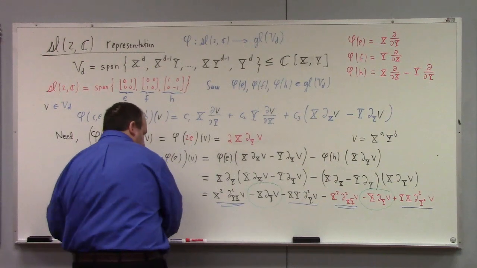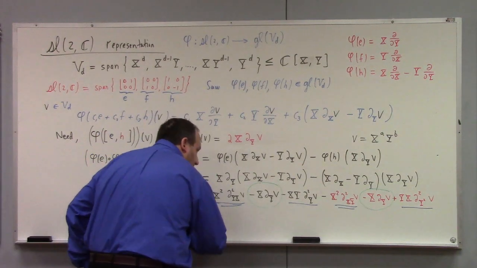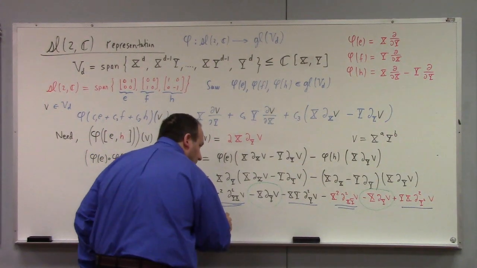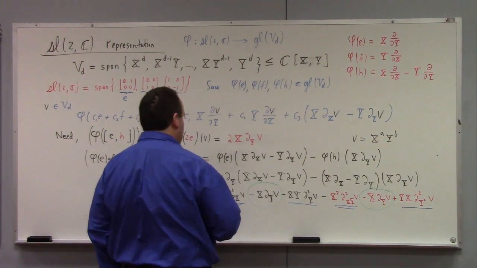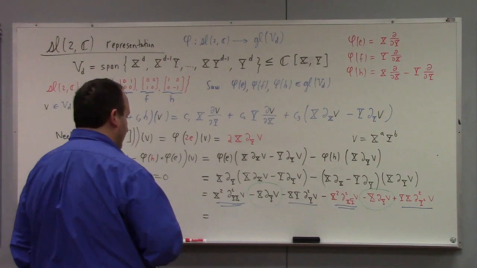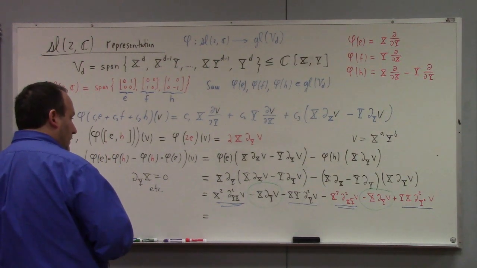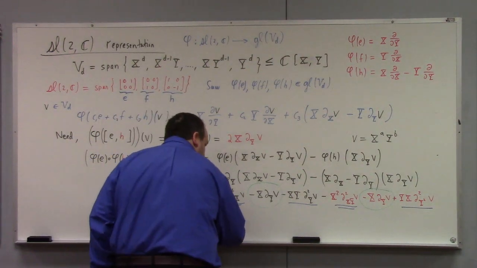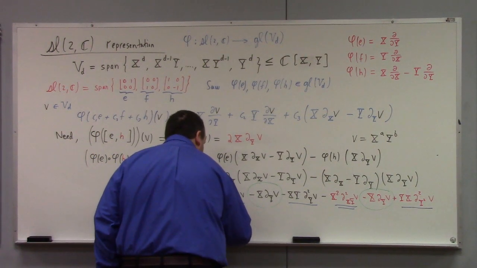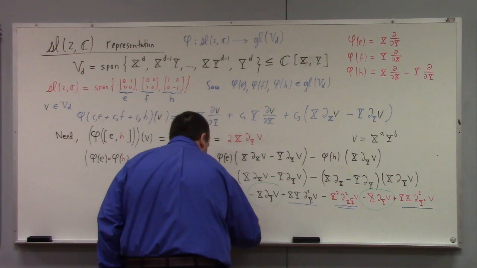We got minus, it's minus 2, yeah, we got minus instead of plus. Oh, okay. So minus 2x partial y acting on v.